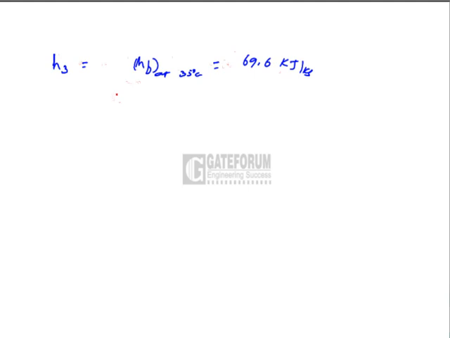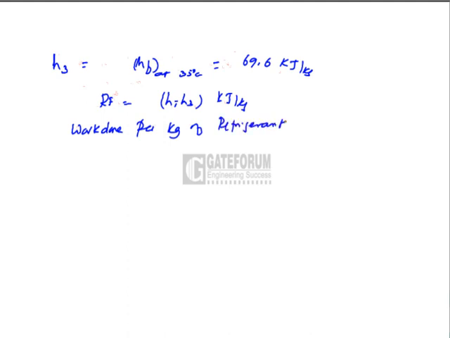Having obtained the refrigeration effect, that is H1 minus H3 kilojoule per kg, let us calculate the work done per kg of refrigerant, which is H2 minus H1 kilojoule per kg.